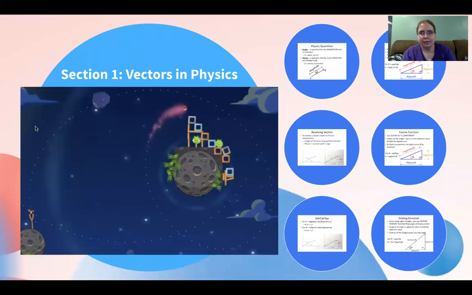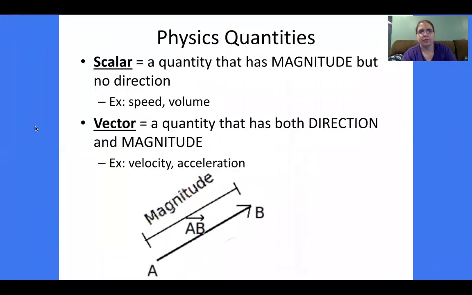So section 1, vectors in physics. First thing we should mention is that there are two major quantities in physics, and they are magnitude and direction. Now we can classify different types of measurements as scalar or as vector.